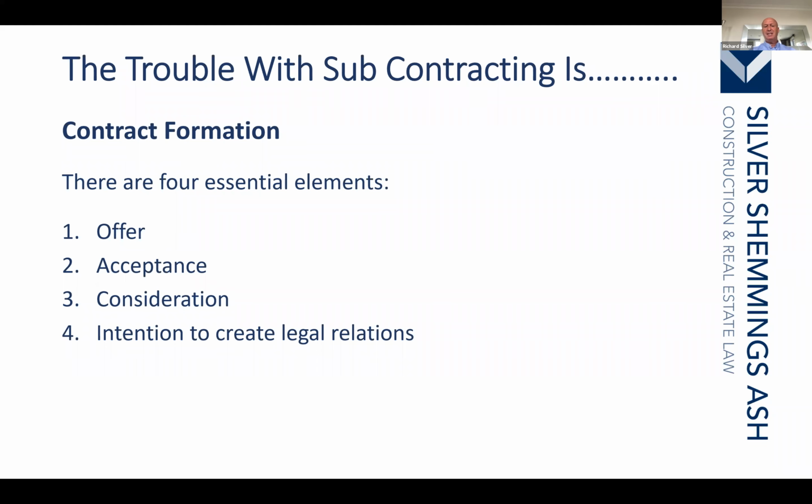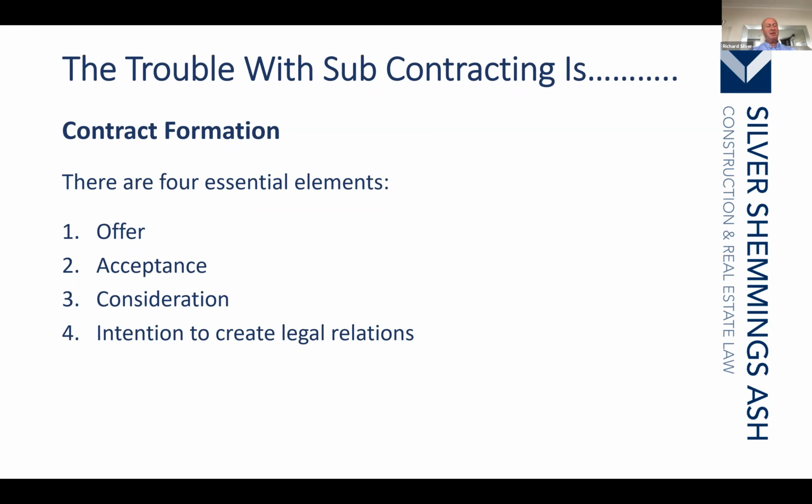Now, I'm just going to quickly deal with item 4 now, because that will nearly always be in place. What that means is that when the parties have entered into the contract, they expected or intended that the contract they've agreed to would be enforceable through the courts, as opposed to what is often referred to as a social arrangement.